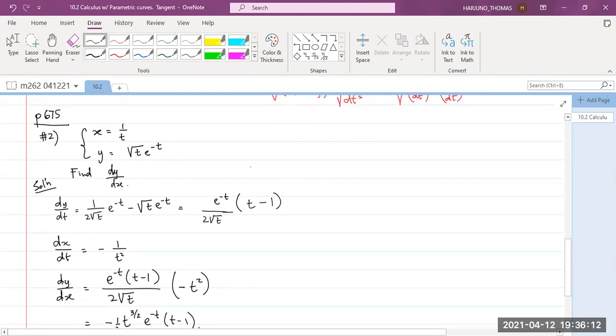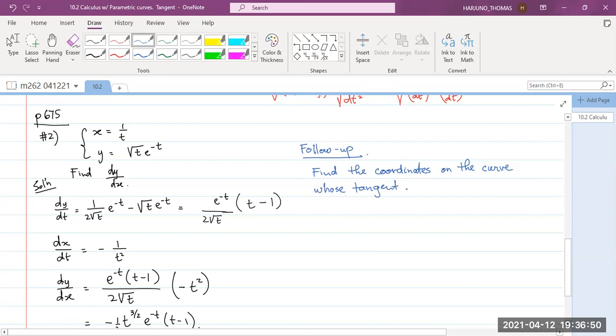Suppose I have a follow-up question: find the coordinate on the curve whose tangent is horizontal.